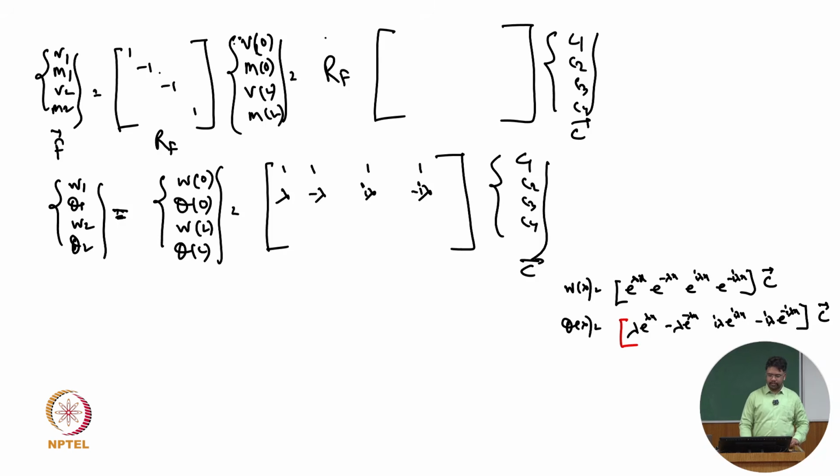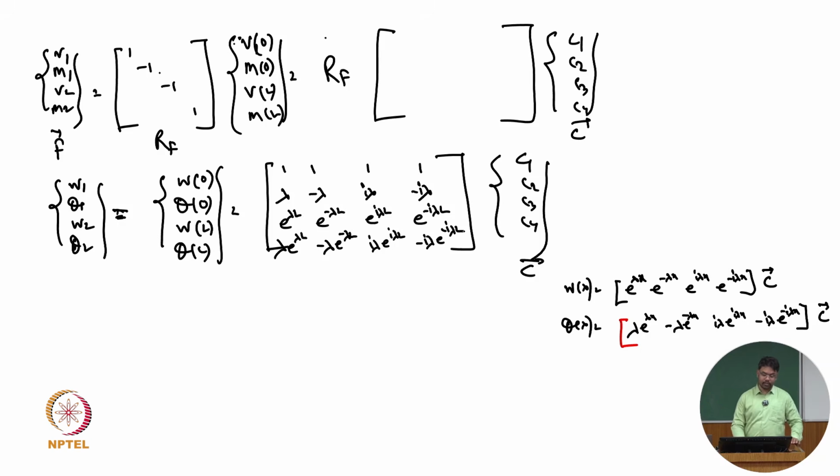Agreed? Third row, e to the power of lambda L, e to the power of minus lambda L, e to the power of i lambda L, e to the power of minus i lambda L. Fourth row, lambda e to the power of lambda L, minus lambda e to the power of minus lambda L, i lambda e to the power of i lambda L, minus i lambda e to the power of minus i lambda L. So that we will get.